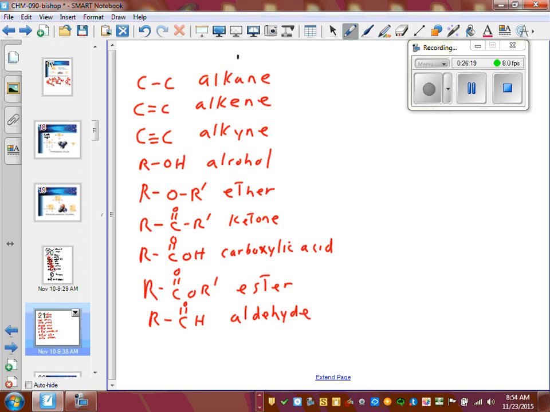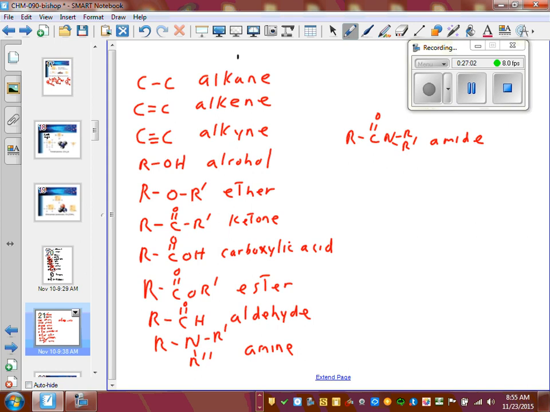What else have we got? R, N, R prime, R prime prime, that's an amine. R, C double bond O, N, R, R prime is an amide. Am I missing any?